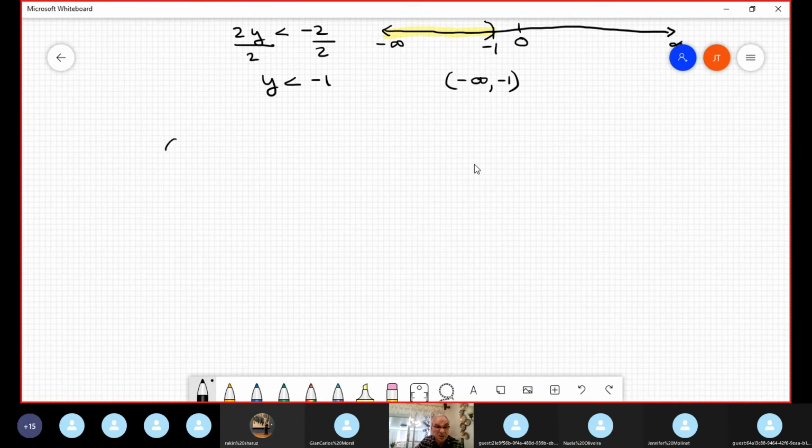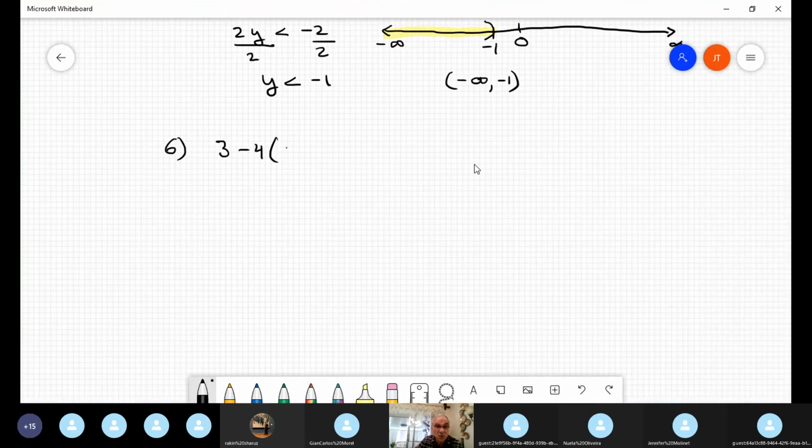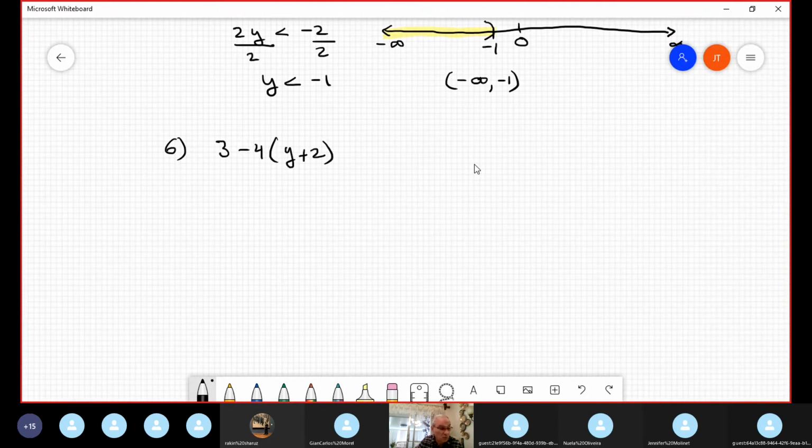Okay, number 6. Number 6 is 3 minus 4 parentheses y plus 2, greater than or equal to 6 plus 4 parentheses 2y plus 1. Okay, I copied it right? Everyone has that document, right?